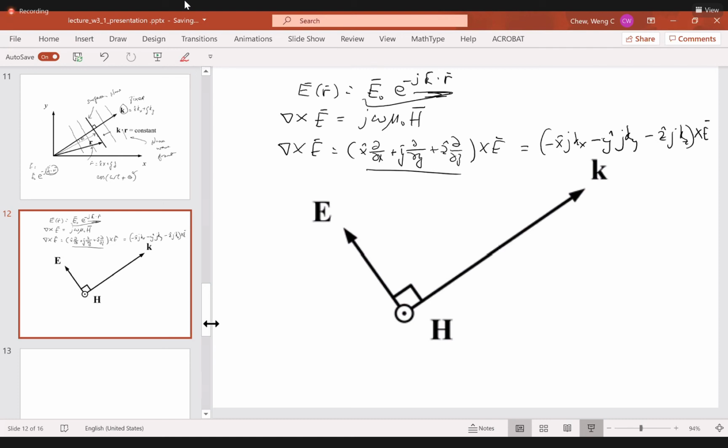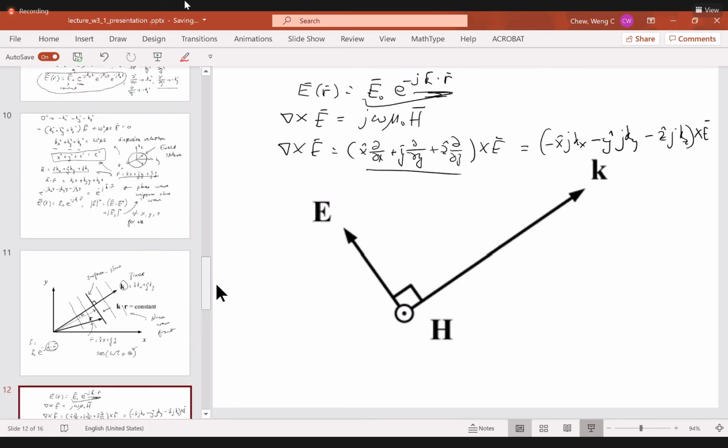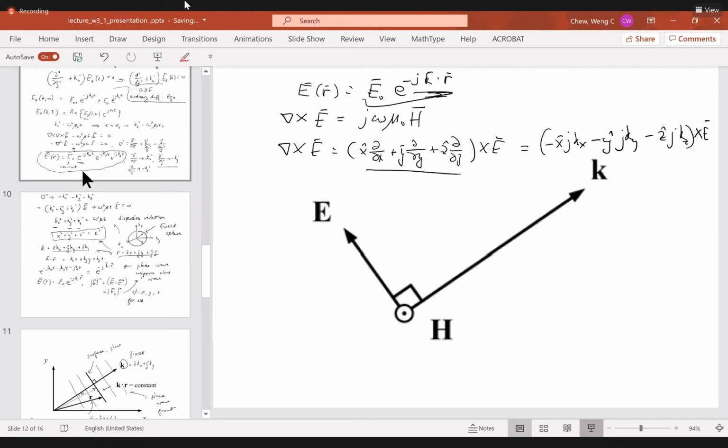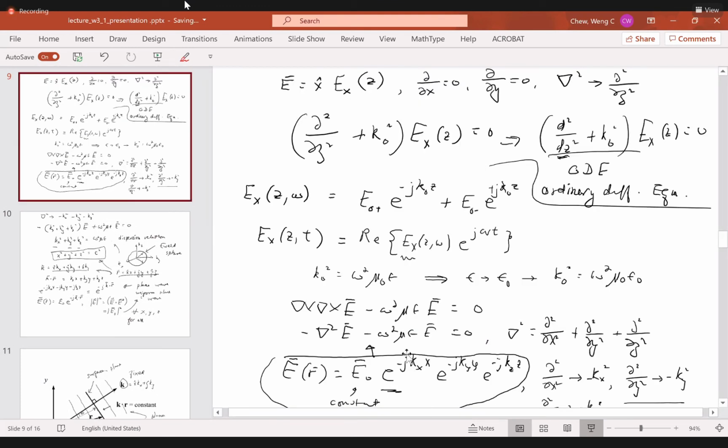When you differentiate with respect to x, y, z, you just bring all these components down in this very simplified form.